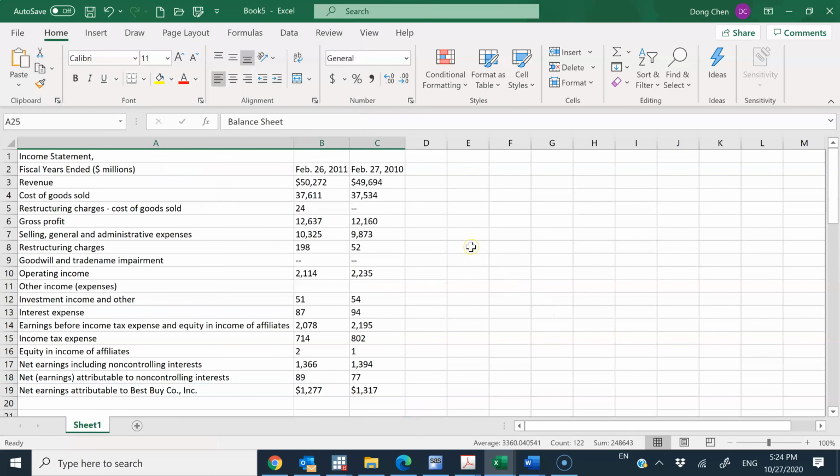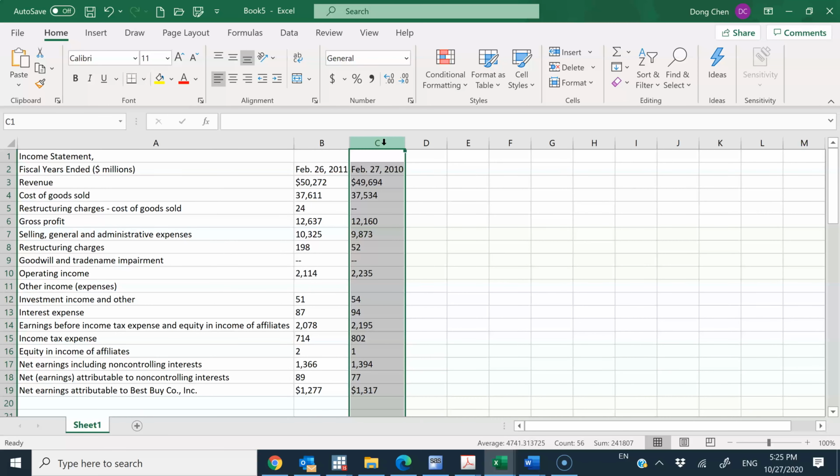So as a convention, even though the financial statements list the most recent numbers to the left, just for the convenience of putting the numbers for the forecasting statement, we can copy the most recent number to the right.